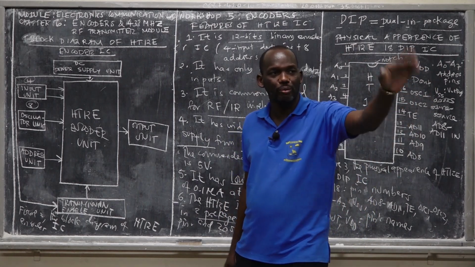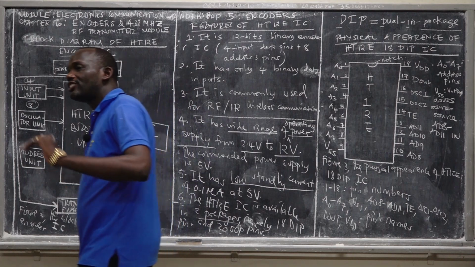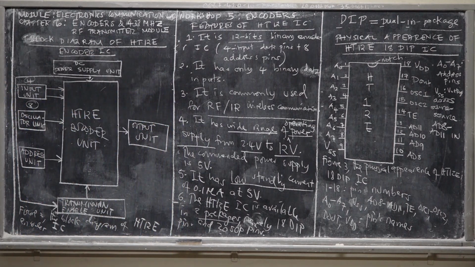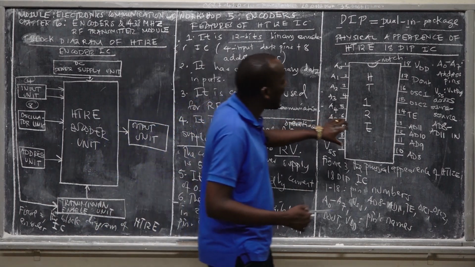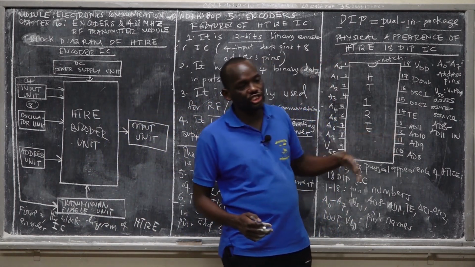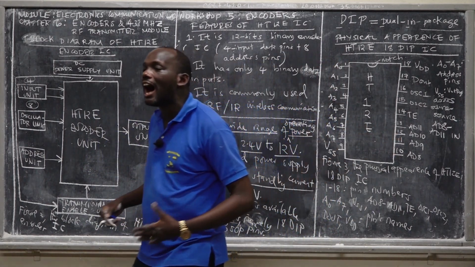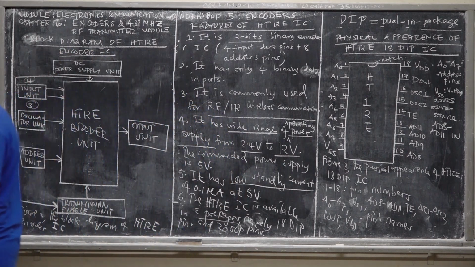What does it indicate? It indicates that the main components of semiconductor devices that have been used to design or manufacture this HT12E encoder are field effect transistors. Because a field effect transistor is one type of transistor that has a terminal called drain.